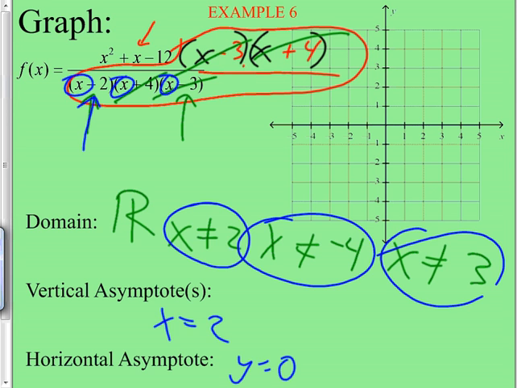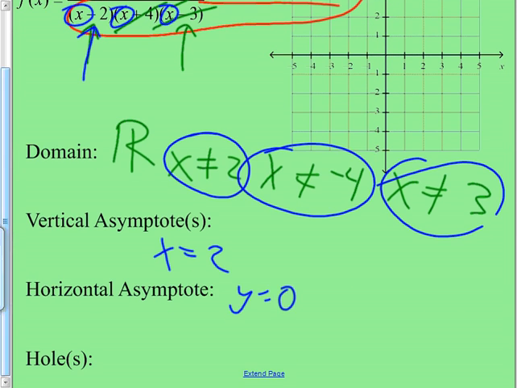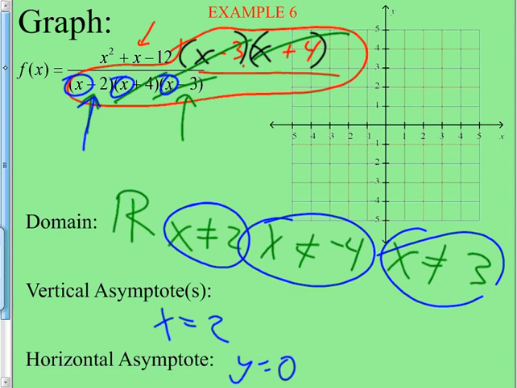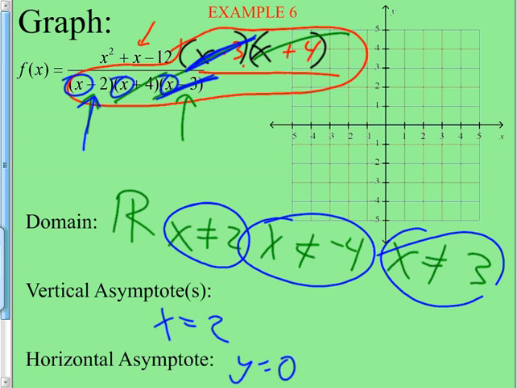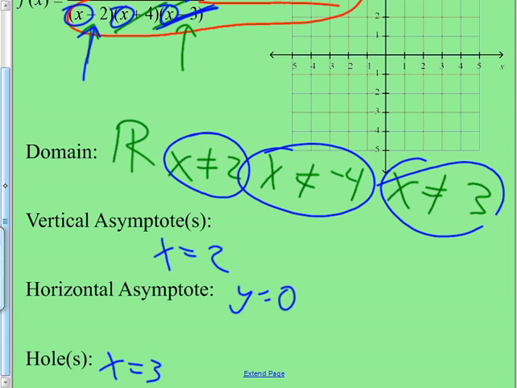Like y equals nothing. And then the last thing is the holes. Well, there's actually 2 of them this time, because the x minus 3 canceled the x minus 3, and that means x equals 3 makes a hole. I know I can find the y of it in just a second. And then the other one is x equals negative 4. Do you get that that means that there's a hole at 3 comma something, and there's a hole at negative 4 comma something?